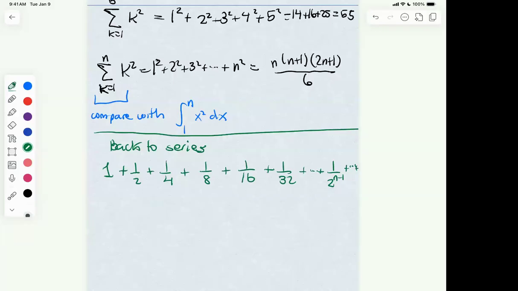Just to make the analogy more clear, and hopefully this will help. Let me put this here. This is the analogy you should have in mind.